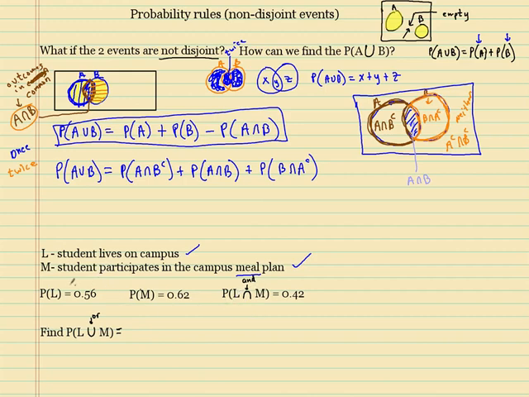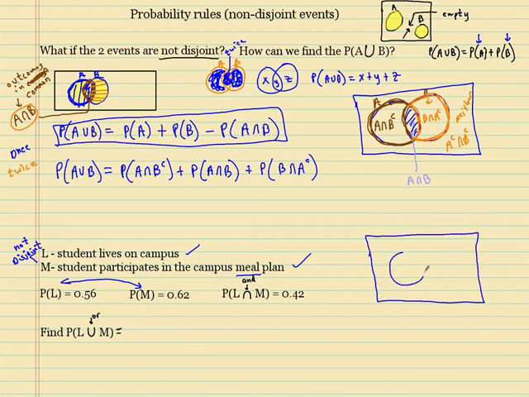You could ask yourself, are these two disjoint? And the question is, if somebody could live on campus and have a meal plan, then these events are not disjoint, if they could both happen at the same time. Okay? So I'm just going to do a Venn diagram. Venn diagrams sometimes help with the visual.